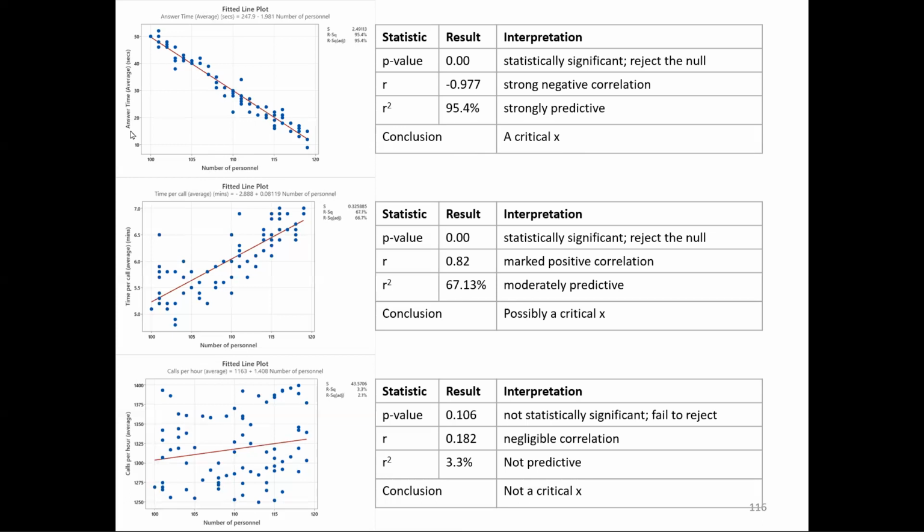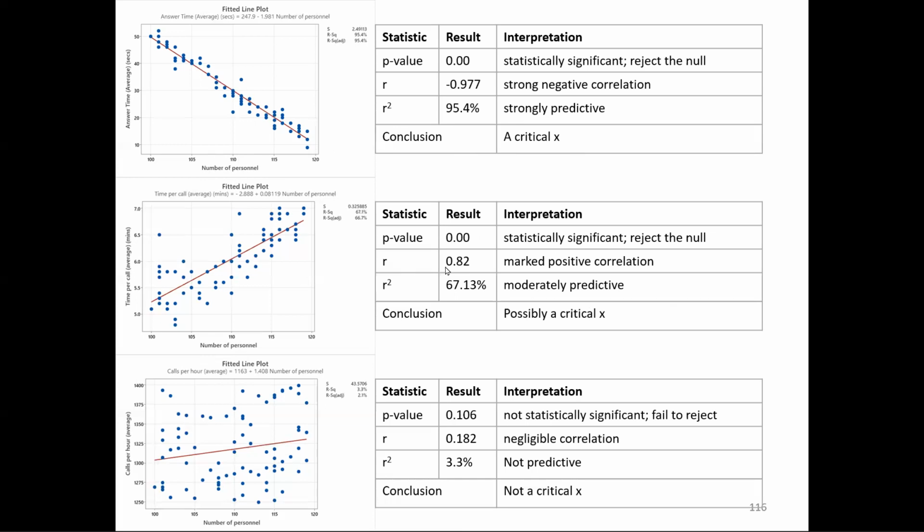We're looking at the average time to answer calls. We're going to look at the next question, whether personnel is a critical X for the time per call, how long calls last. Again, we've got our p-value, 0.00. We reject the null. There is a relationship that's statistically significant.